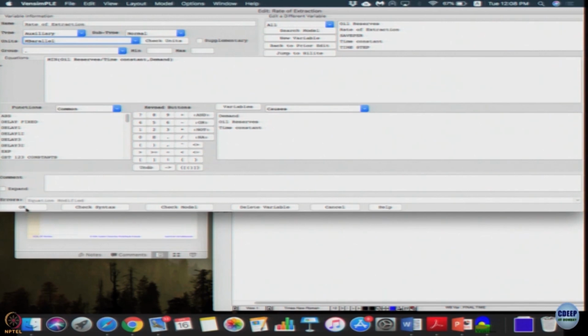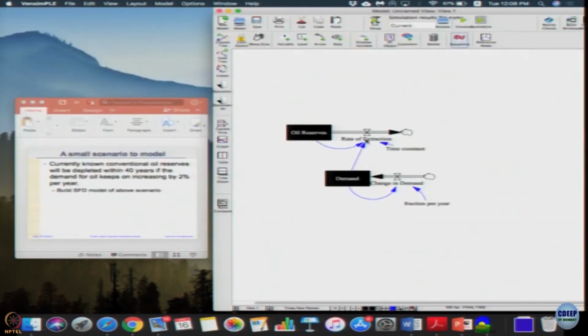Okay. Even if you did not do time constant, it is okay. What you did here is change in demand is demand times fraction per year. Rate of extraction is minimum of oil reserve and demand. That is it. That is all. The others are only for units.